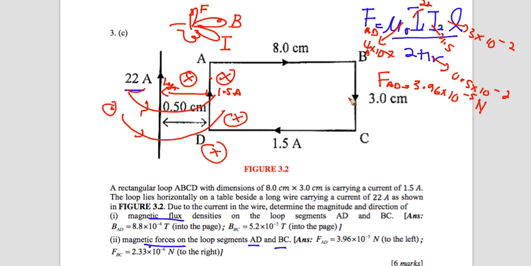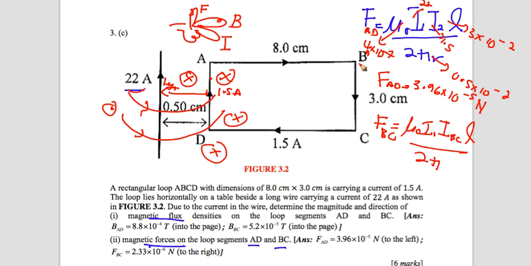The same process applies for BC. Before we find the direction, the force on BC uses the same equation, mu naught I1 I2 for the straight wire, where I2 is the current in segment BC, times the length of 3 centimeter converted to meters, divided by 2 pi r.